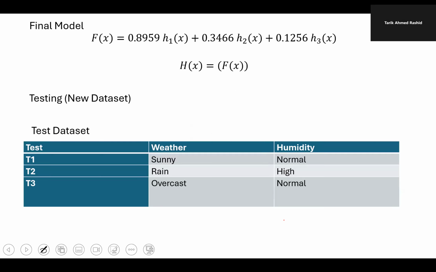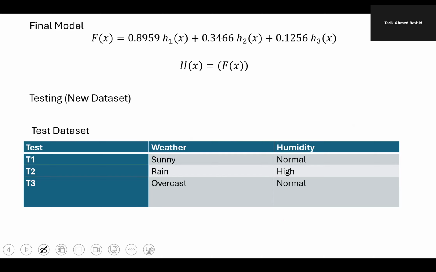Now let's try to have a testing set. Sample 1, we have sunny and normal. Well, in this case, sunny H1 is -1 because we had the first condition, -1.